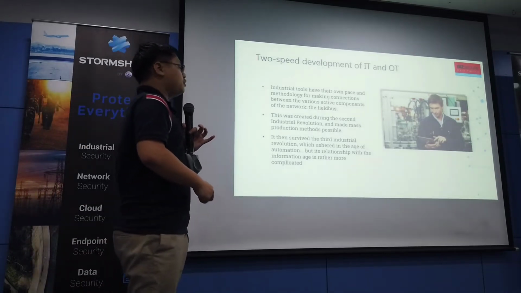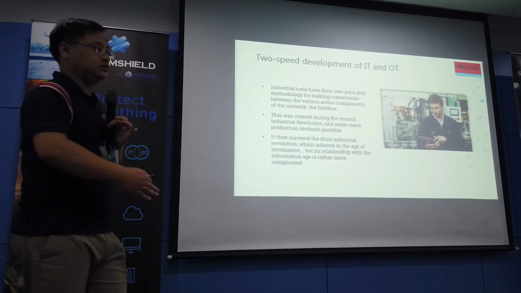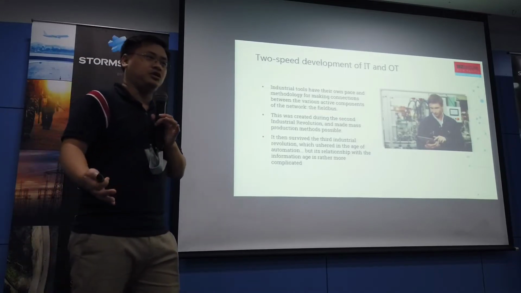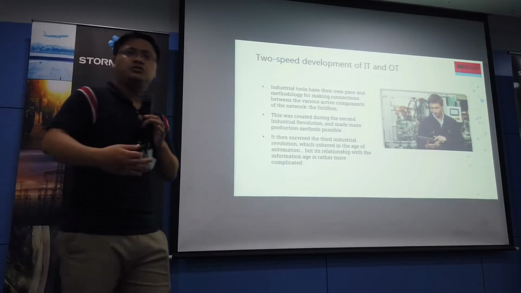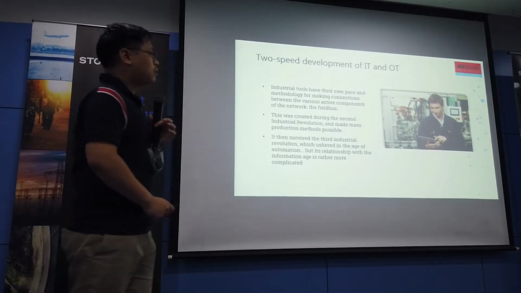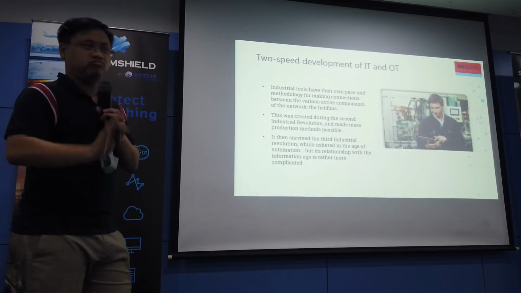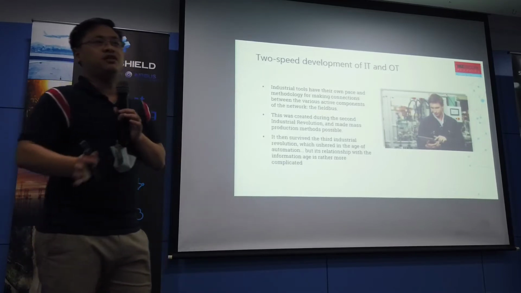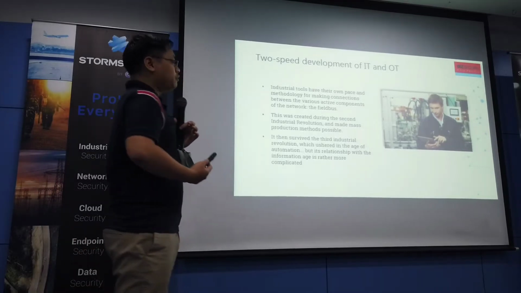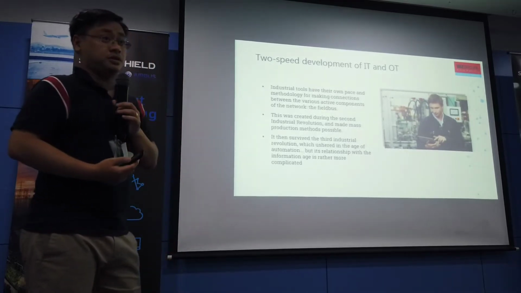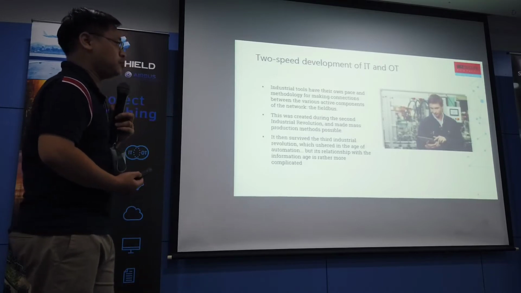For IT, you can see maybe every 2-3 years, maybe 5 years, you're going to change systems, firewalls, switches, routers. In OT, 20, 25, 30 years. So it makes cybersecurity very difficult because of that.